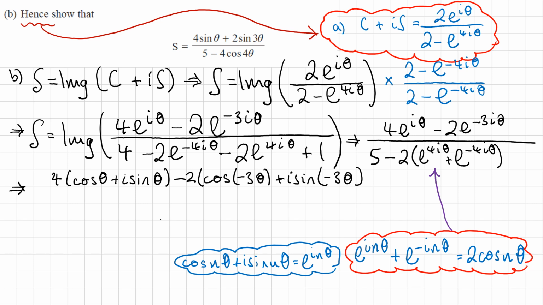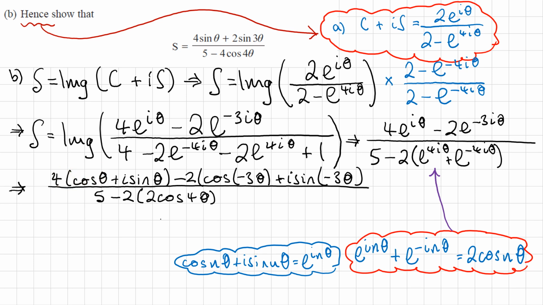And now my denominator I can write as 5 minus 2 times 2 cos 4 theta. Now the denominator is real, so the imaginary part of the whole expression is going to be the imaginary part of the numerator. So I'll highlight what those terms are. 4 cos theta is a real part.